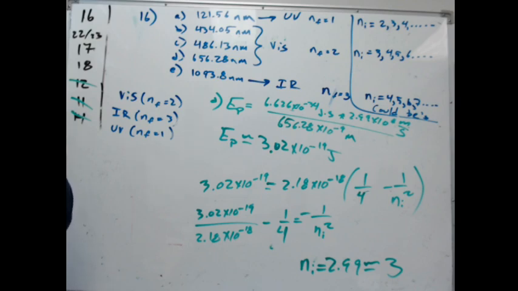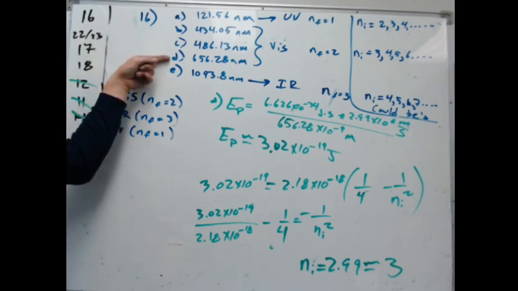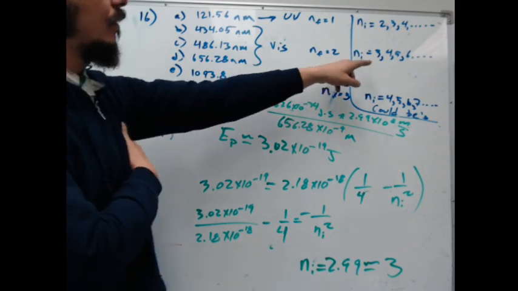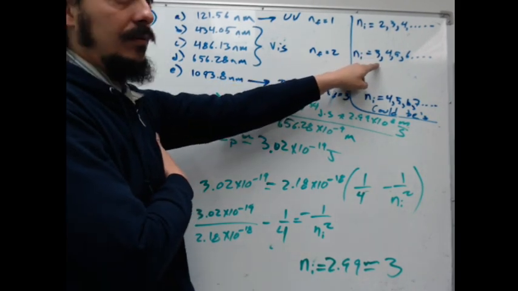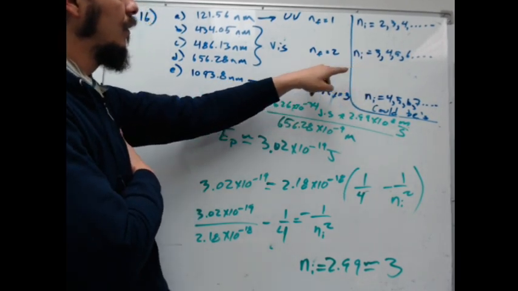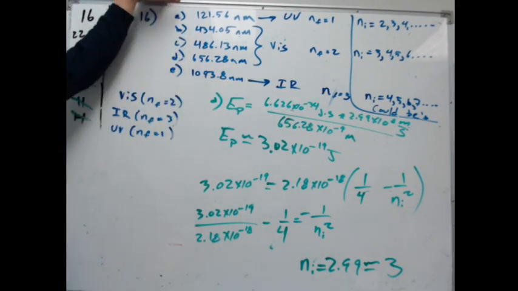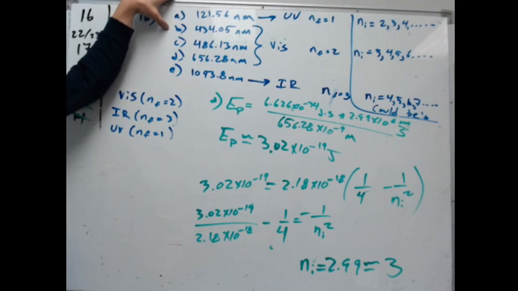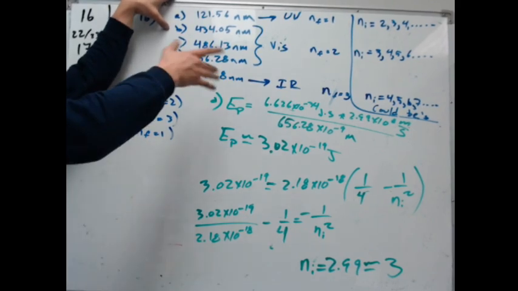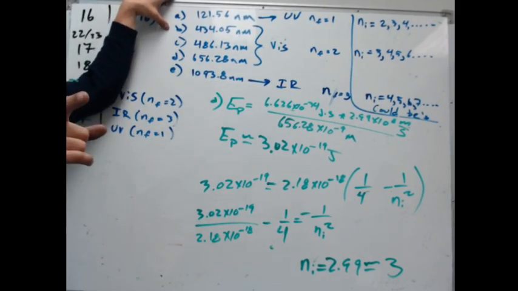I was just wondering why the numbers jump up, like the n initial which we're solving for, it goes from I think 2, and then the next one, B, would be like 5 or 6. That was because the n final also changed, right?